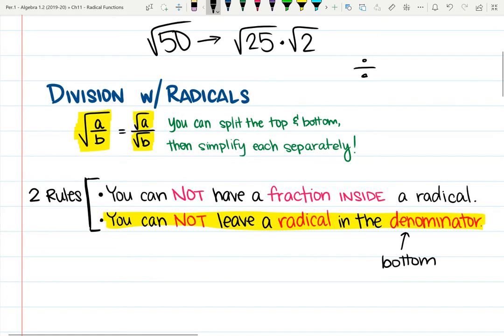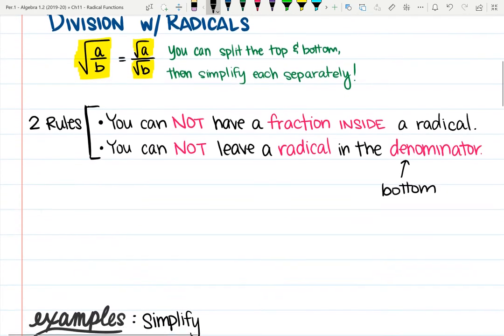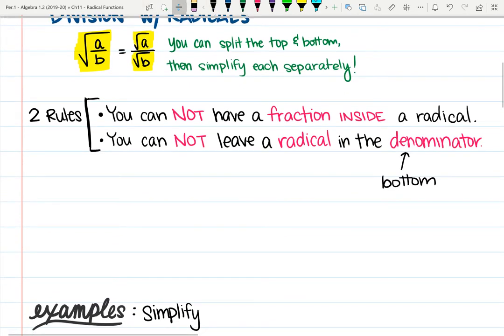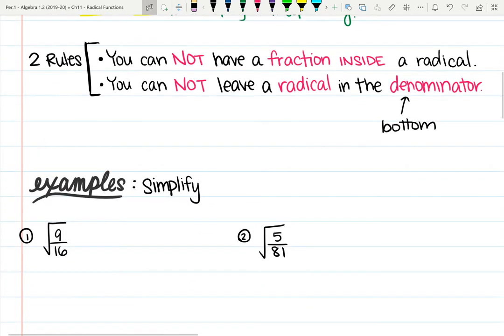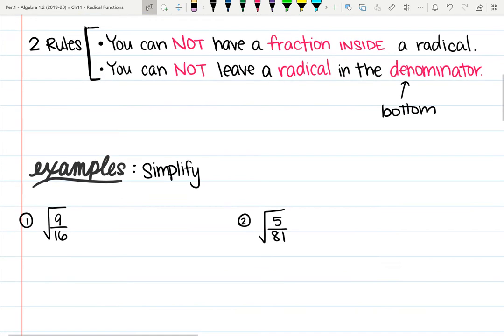All right, so let's take a look at some examples, and then maybe you guys can see what we're all talking about here. Okay, so our first example, let me just bring this up to the top. All right, first example. The square root of 9 over 16. So remember, I can take this and I can split this up into a top and a bottom, a numerator and a denominator.